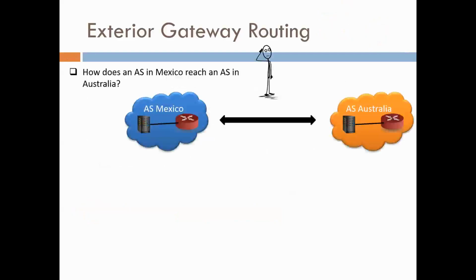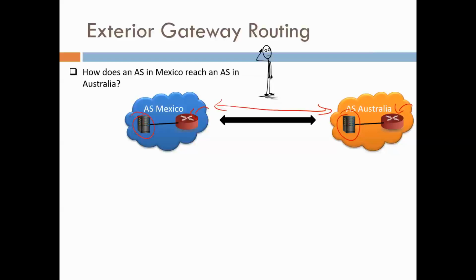What is actually the job of the Border Gateway Protocol? Imagine that you have a device or a server in an autonomous system in Mexico wishing to send something to a server in an autonomous system in Australia. Now, the border router here will want to send the data to the border router in Australia. They could establish a very long intercontinental fiber optic cable between Mexico and Australia across the ocean. This is not very practical, and even if they could do that, they could just reach each other.